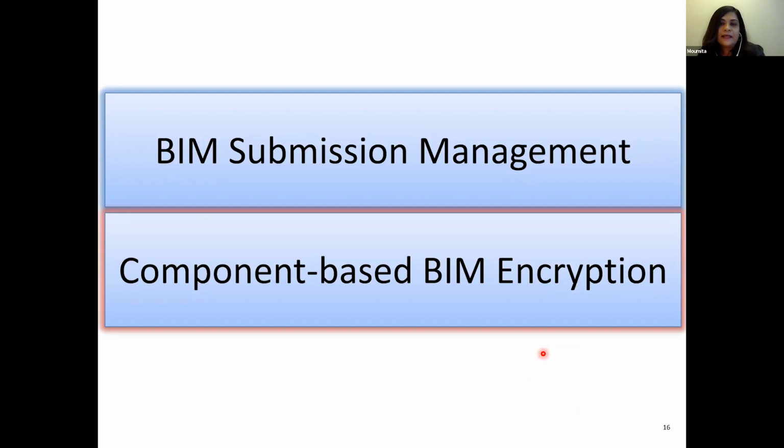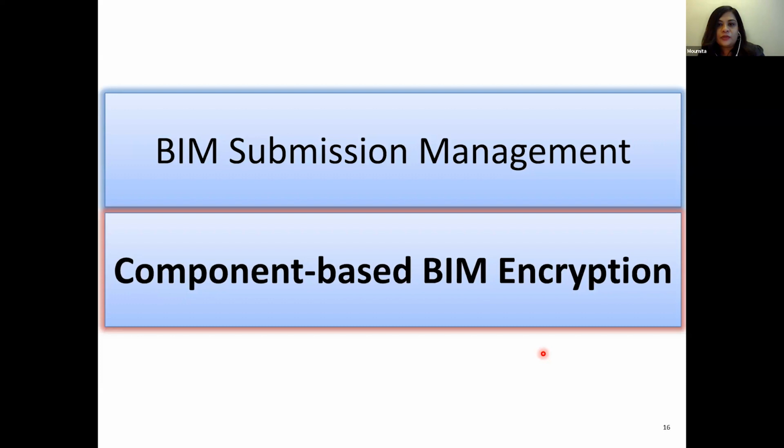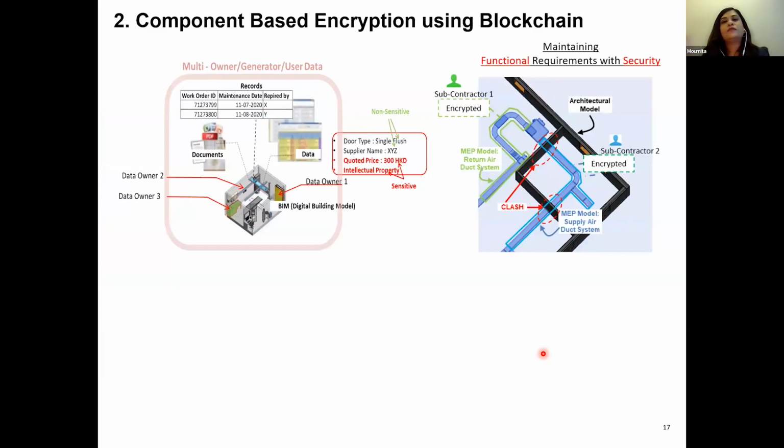Now, the second part of my presentation deals with component-based BIM encryption. This is mainly to allow sharing of BIM models where there are different data owners, in a more secure manner. The idea, in a simple way, is that we encrypt different parts of a BIM model with different encryption keys.